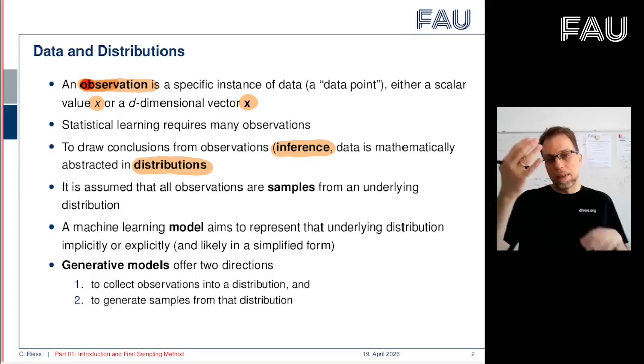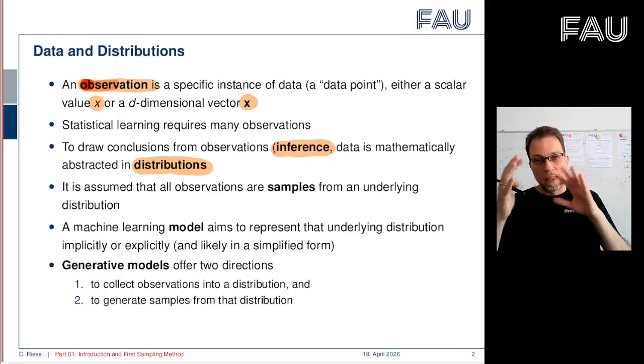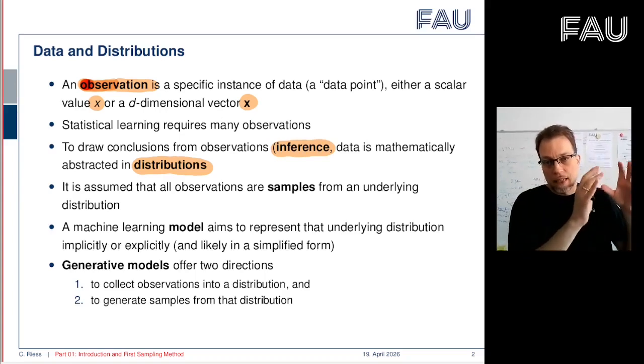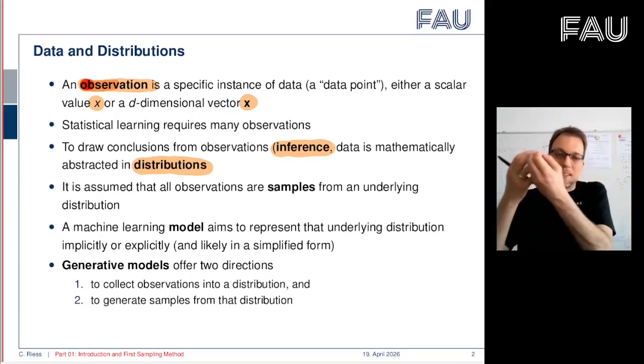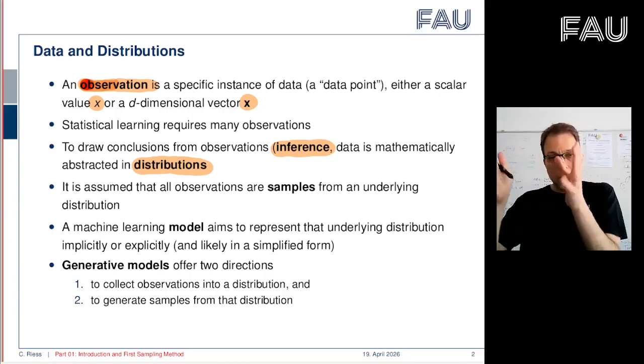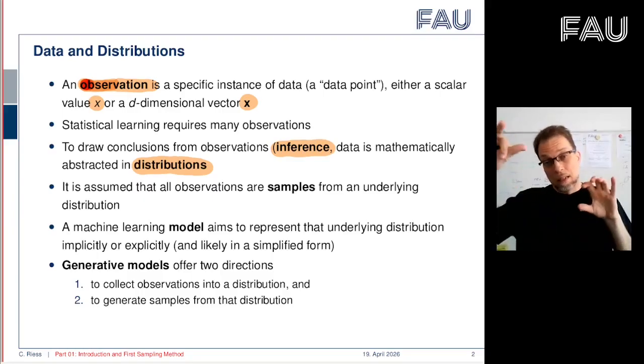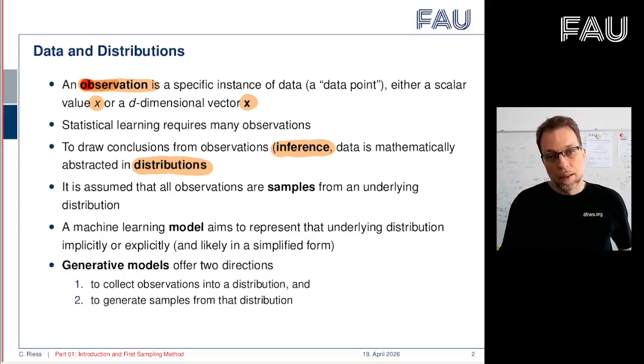But in principle, we have this duality: observations and samples are the real-world artifacts that we have, and the distributions are the mathematical concepts that allow us to summarize this data. Yeah?